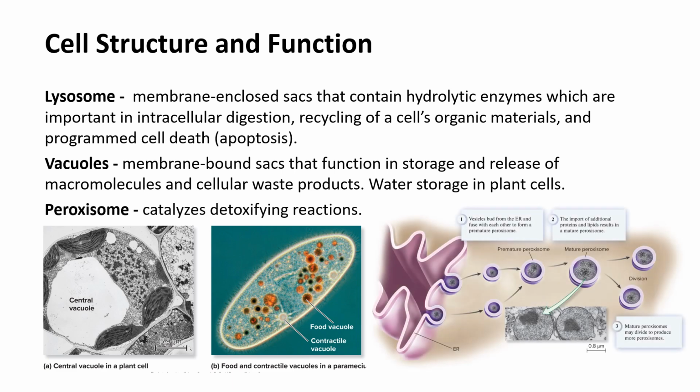The peroxisome is a similar membrane-bound sac that catalyzes detoxifying reactions. So specifically, peroxisomes will work to get rid of toxins like hydrogen peroxide. And so they will basically break that toxin down so it can be removed from the cell.